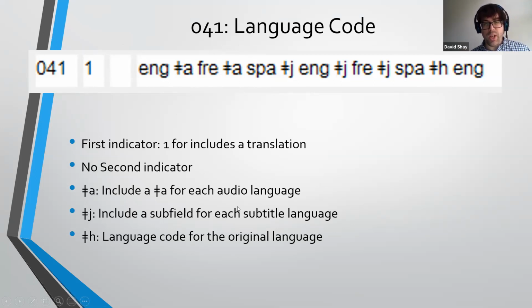And then I've got subfield J's for each subtitle language, and then a subfield H with the original language. And these are the same codes that are going up in your fixed field language code. But yeah, you're going to want to enter a unique subfield A for every language that your DVD or Blu-ray has on it, as well as a subfield J for each subtitle language that's available.